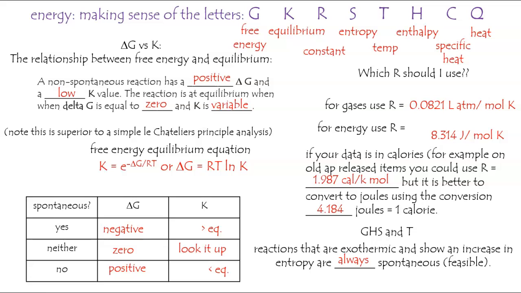It's negative. And if it's increasing in entropy, it's getting more random, then delta S is positive, and it gets subtracted to get G, and therefore both of those numbers will end up making it more negative, so the reaction, regardless of those values, has to be spontaneous. This is energy and making sense of all those letters.